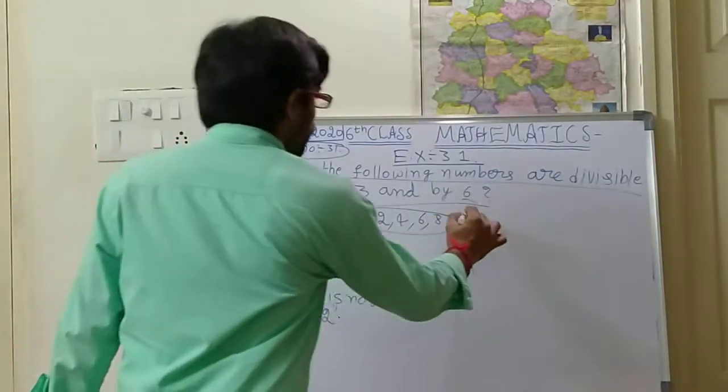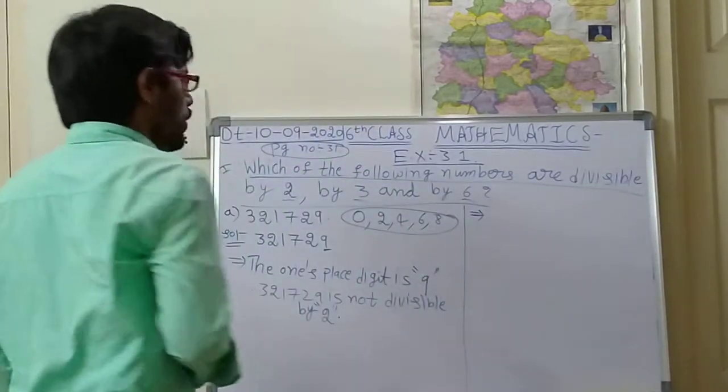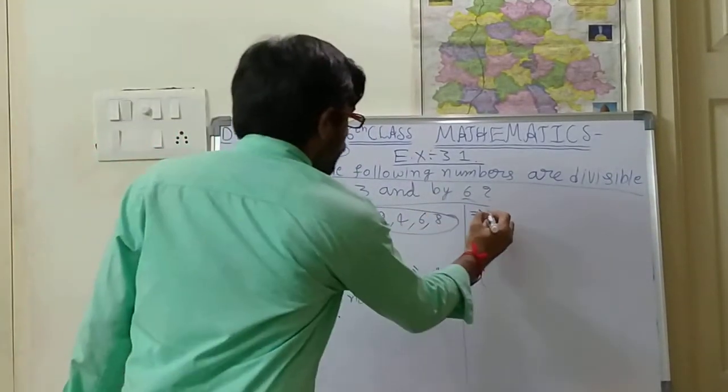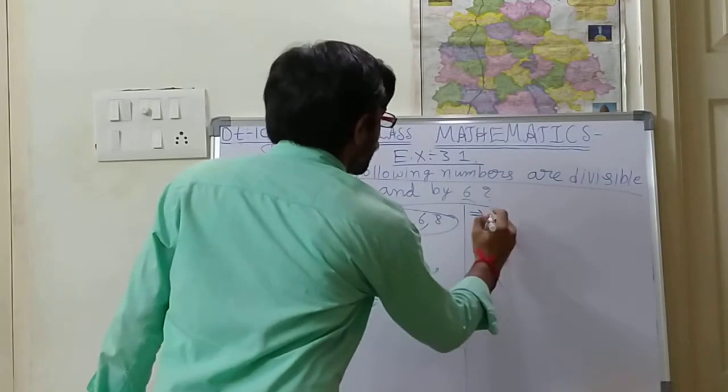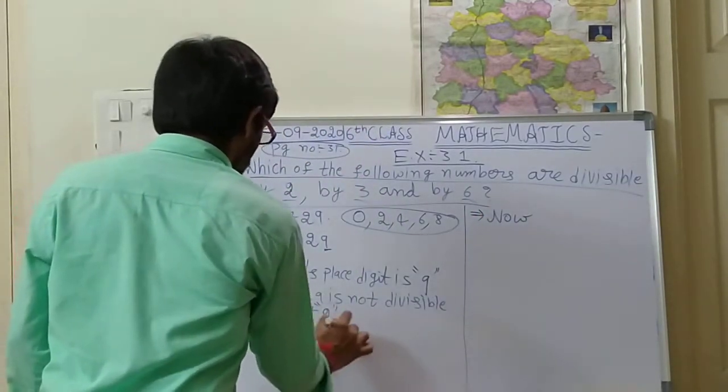Now the divisibility rule of 3. Now we have to check the divisibility rule for 3. After this step, what are you supposed to write?